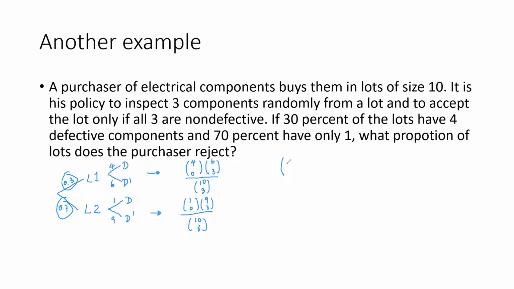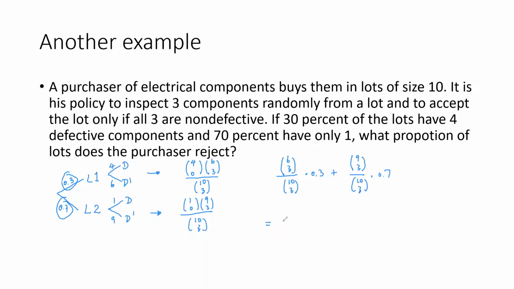You have 6 choose 3. Let's forget about 4 choose 0. Okay, 6 choose 3 divided by 10 choose 3 times 0.3, plus 9 choose 3 divided by 10 choose 3 times 0.7. Now let's calculate it out.